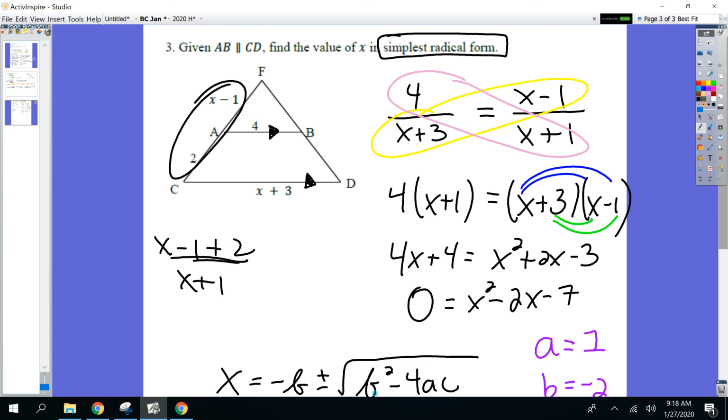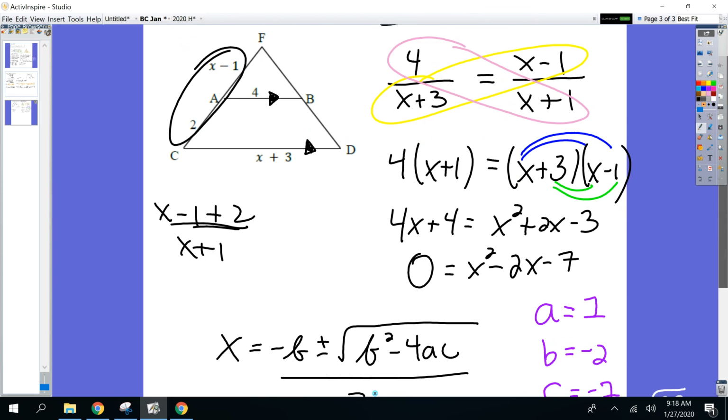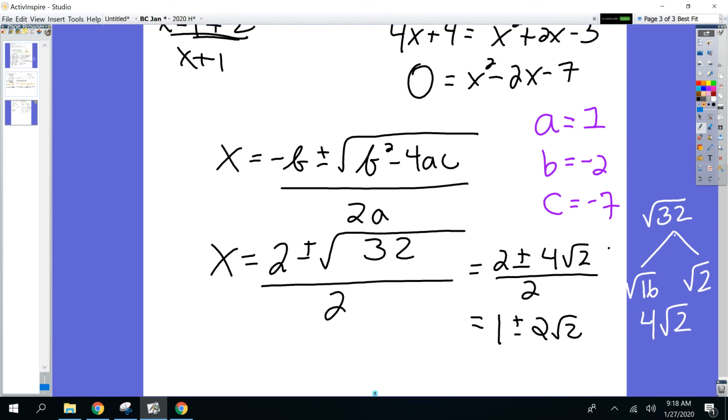You're going to get a negative side. So even when you use the quadratic formula, you have to worry about rejecting an answer. So this final answer will just be 1 plus 2 radical 2. I cannot count the negative one because it gave me a negative side. So that is it. Stop by today or tomorrow. Get in here.